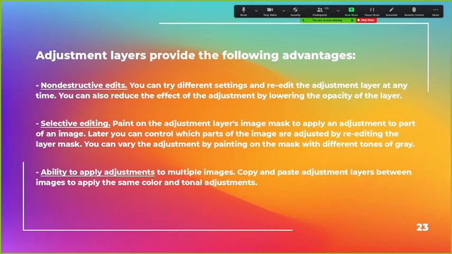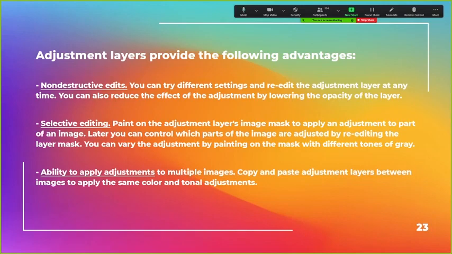Selective editing. Paint on the adjustment layer image mask to apply an adjustment to part of an image. So this is where you apply the layer mask. So adjustment layers and layer mask partner yan sila, para at least meron lang certain part sa image mo na gusto mong i-adjust pero ayaw madamay yung iba sa image.